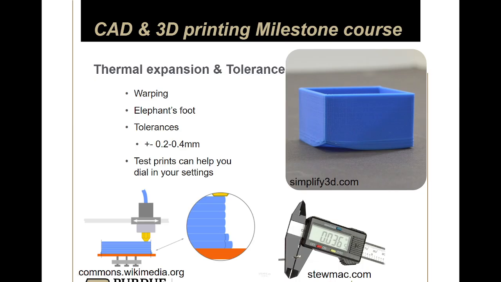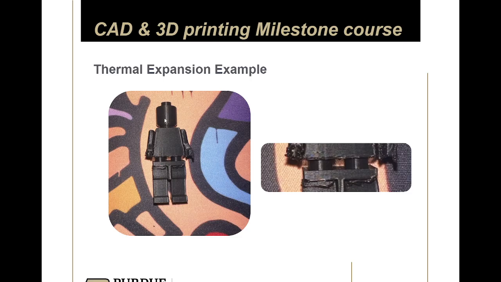But yeah, this is a good example of thermal expansion or core tolerancing. This was a past final. This person made this Lego-like model, but when they tried to assemble it, the pegs on the legs didn't fit inside the body, right?